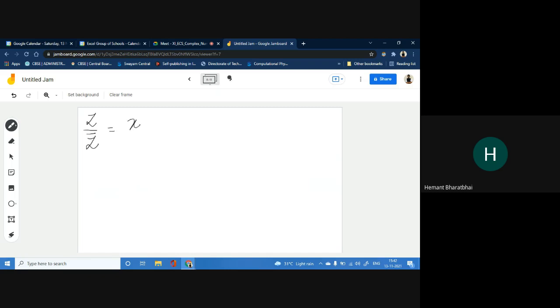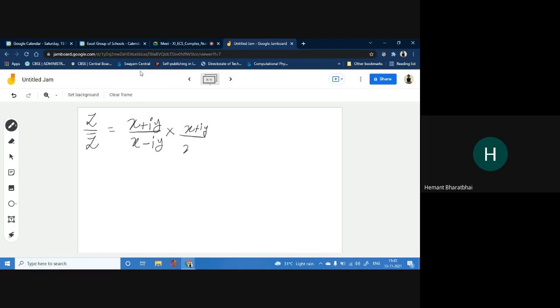So Z is X plus iY, and its conjugate will be nothing but X minus iY. Now we saw when we divide two complex numbers, the important thing should be their denominator. So I'll multiply with the conjugate of X minus iY. So conjugate of X minus iY will be nothing but X plus iY.